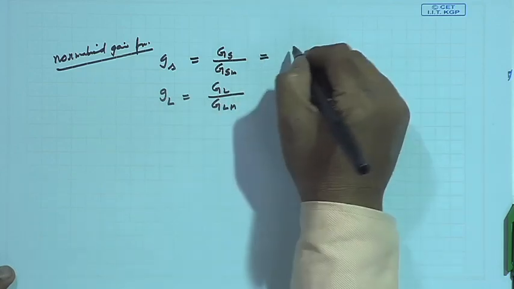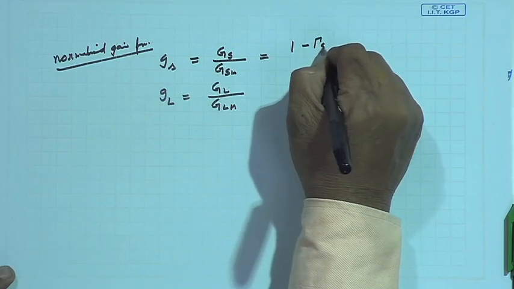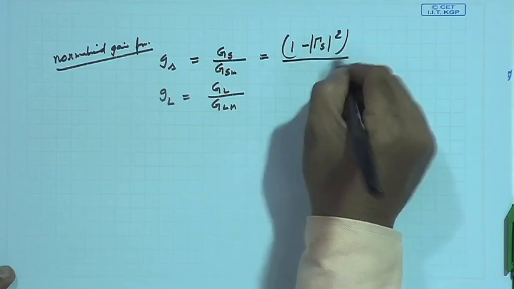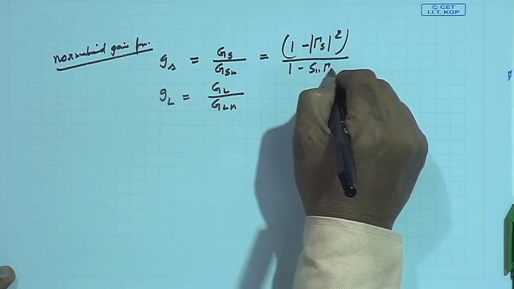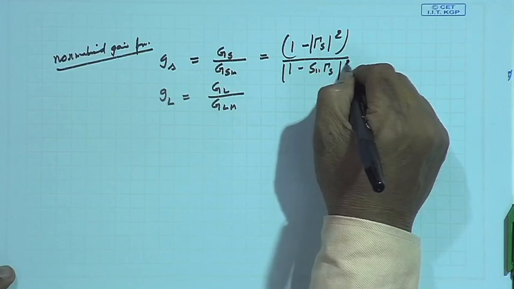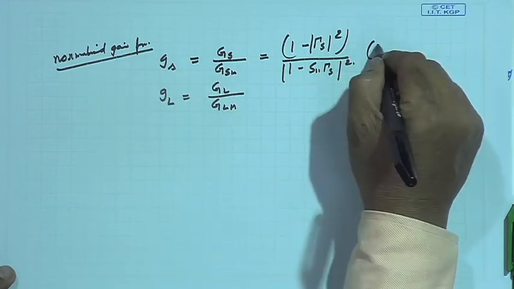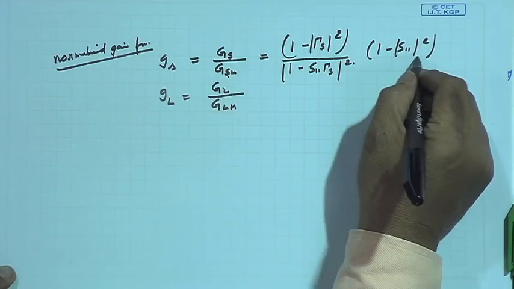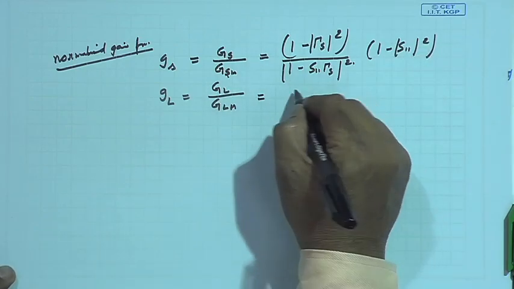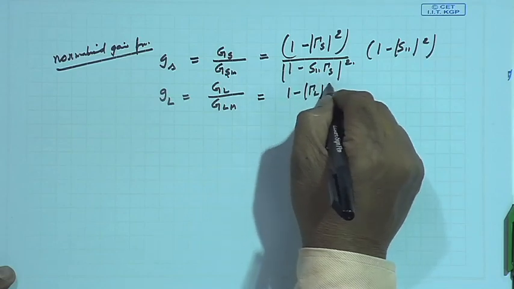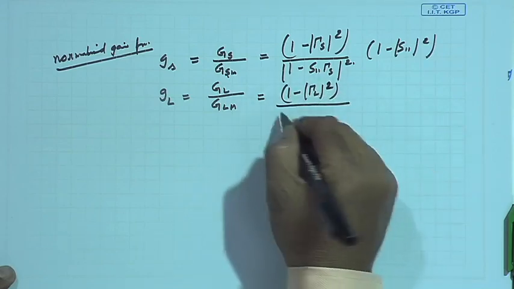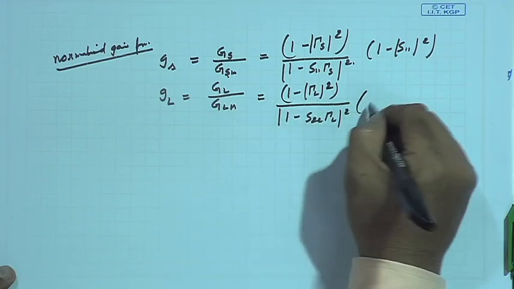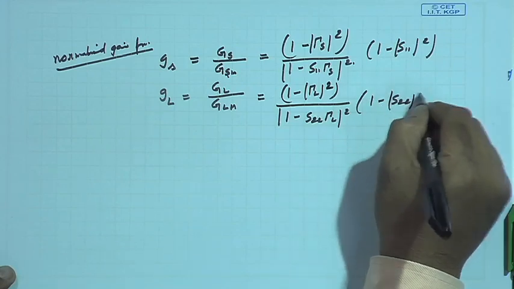If I write the expressions, gs is 1 minus |gamma S| squared by |1 minus S11 gamma S| squared, times the maximum, which is 1 minus |S11| squared, since the denominator has gone here. Similarly, gl is 1 minus |gamma L| squared by |1 minus S22 gamma L| squared, times 1 minus |S22| squared.